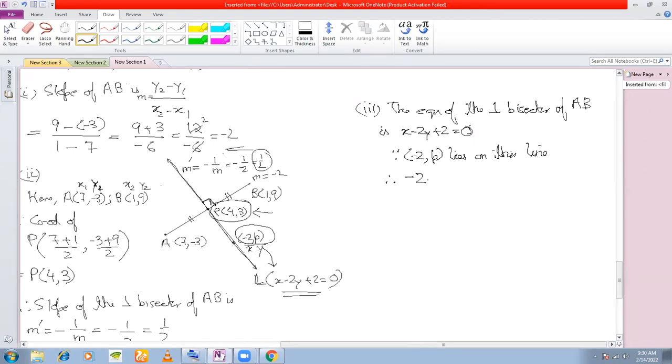You put x is equal to minus 2 and you put y is equal to p, right? And now you can find out the value of this. So this 2 will cancel. So you get minus 2p is equal to 0. That means you get p is equal to 0. That is the required value of p. That is p is equal to 0.